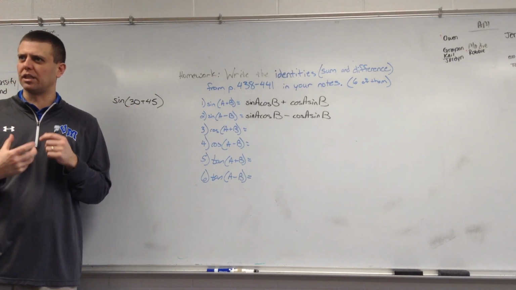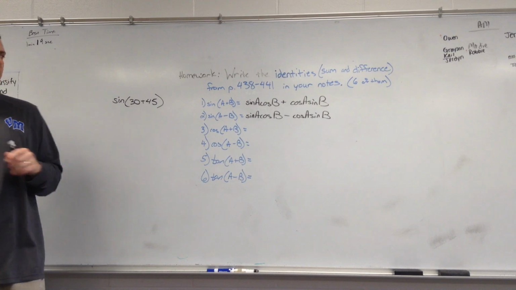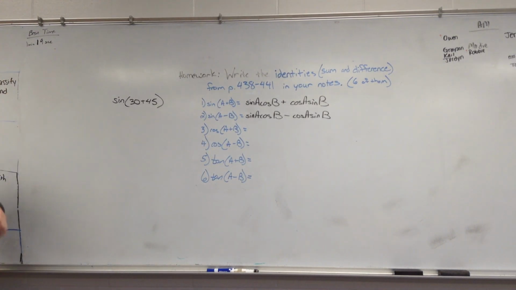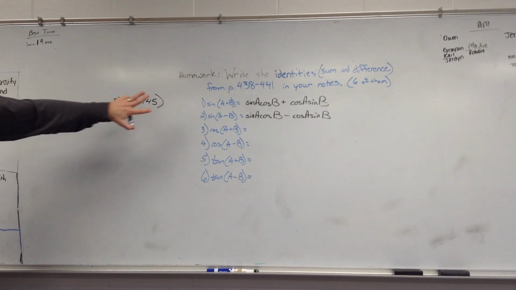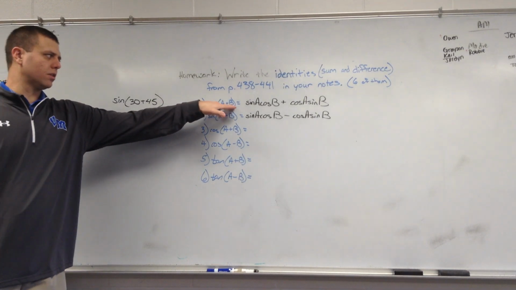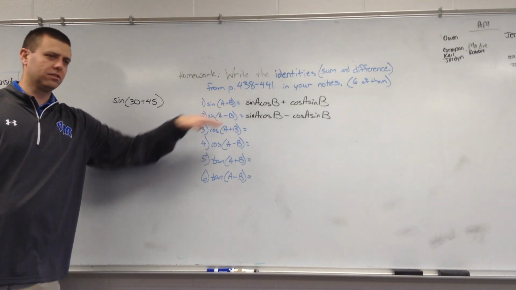The proof itself is a little more complicated, so to me it's almost easier just to memorize them. My opinion. But I can do the proof if you would like on that video. Anyway, those are your identities for the sine of an angle plus another angle, or the sine of an angle minus an angle.